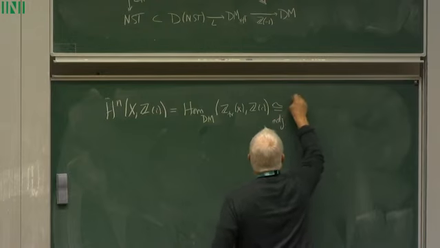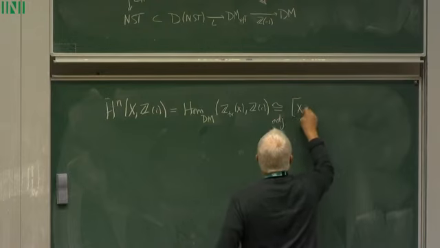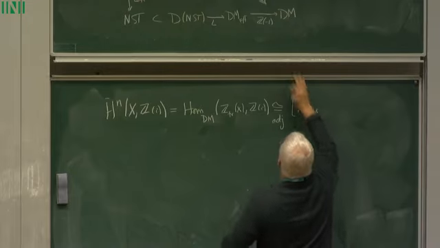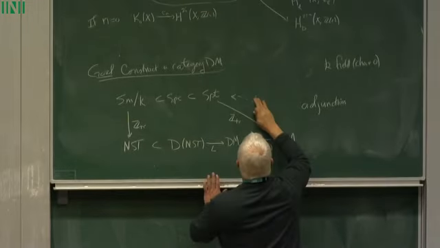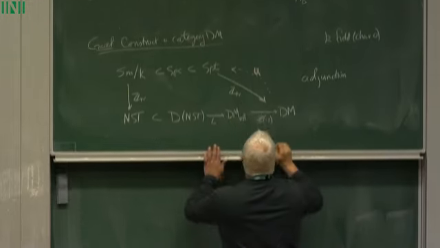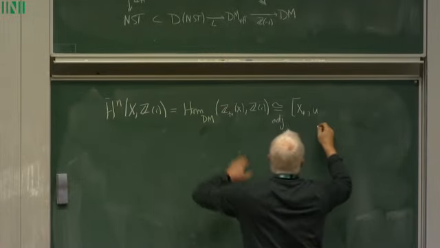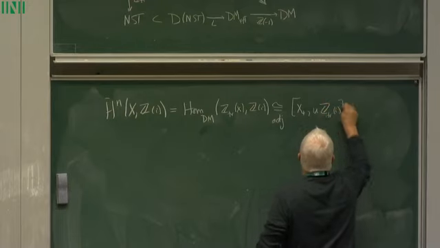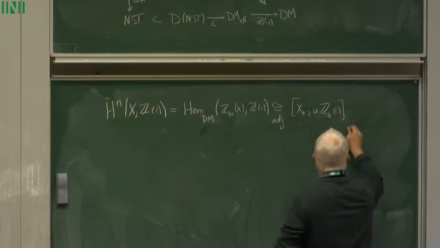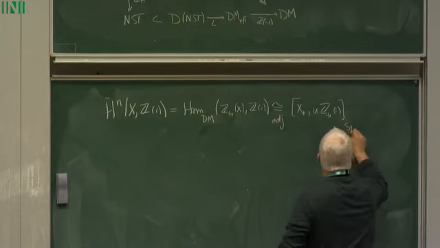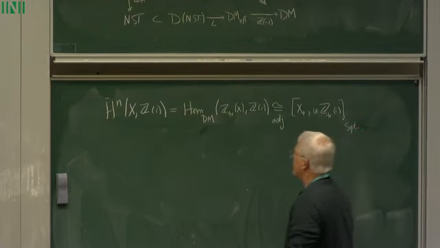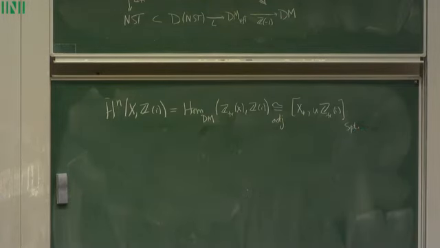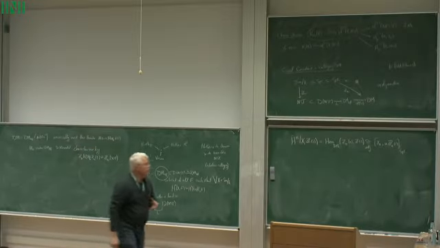this is the same thing as homotopy classes of maps from X plus into, what did I write? I shouldn't have written I. It's a forgetful functor, so it should be U, U of Z transfers of i. And so this is in the category of spectra. So when Vesna was talking about this, she talked about the fact that this functor is representable.